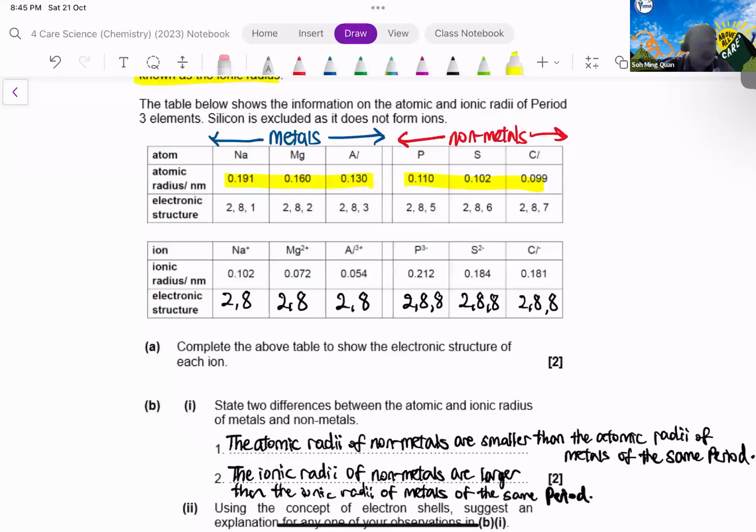So you can clearly see that because you see, for example, Cl minus is 0.181 nanometers, but Na plus is much smaller. Na plus only has 0.102 nanometers. So in terms of ionic radii, the trend is not the same as the atomic radii.